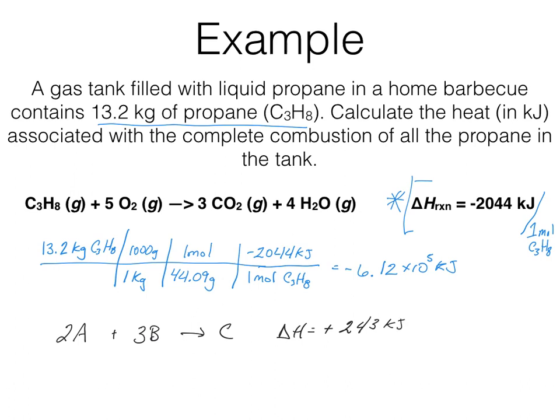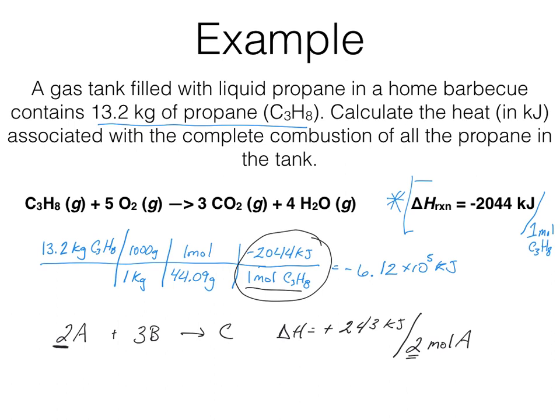This delta H is per 2 moles of A. And so that would change this conversion factor here. And so notice how this conversion factor is dependent upon the stoichiometry of the species that you're interested in.